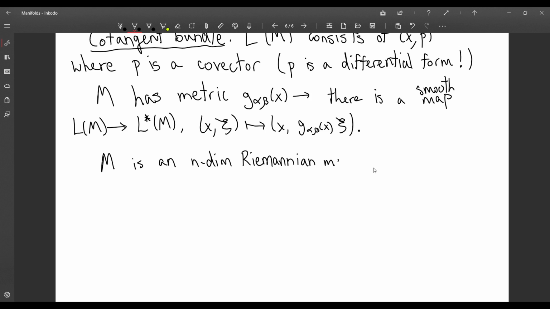So say M is a Riemannian manifold with N a k-dimensional submanifold.